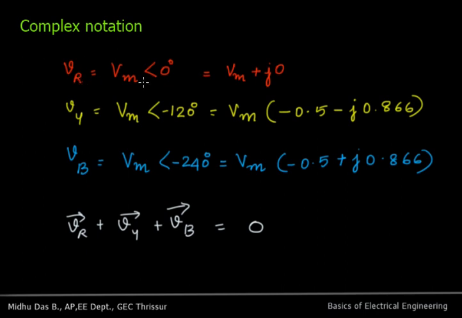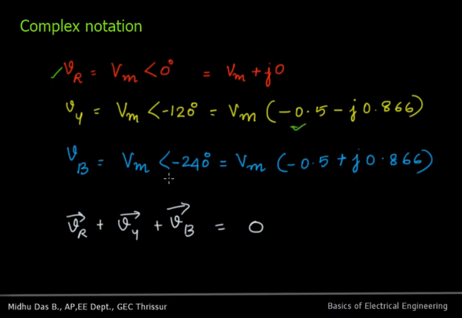You can represent VR in polar form as Vm angle 0. We have taken it as the reference vector. And in real and imaginary format, you can see it as Vm plus j0. Vy is Vm angle minus 120. You can express it in real and imaginary form like this.